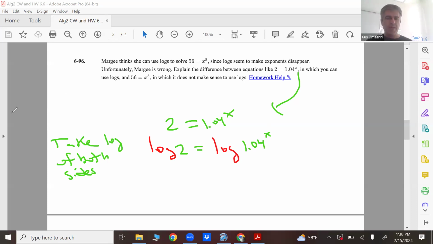So here we go. You take a log of both sides. You can do ln or common log, totally up to you, or any base for that matter. But it's fair treatment because you're doing it to both sides, right? Now, what happens to the x on the right side? Knowing what we know now about the power property, where does it go? It goes in the front. So now you've got this.